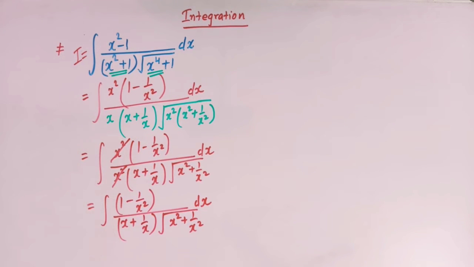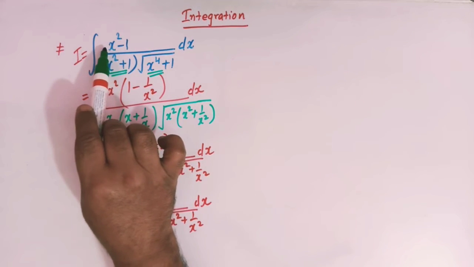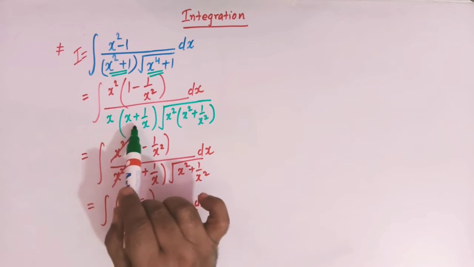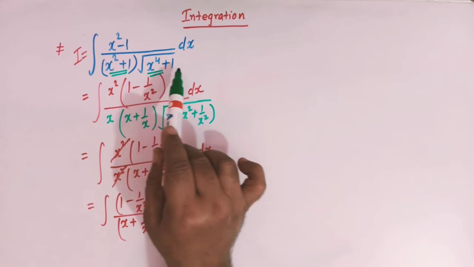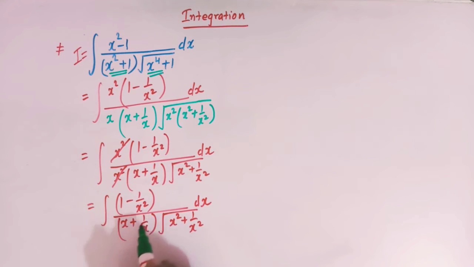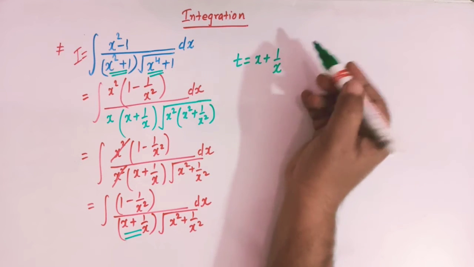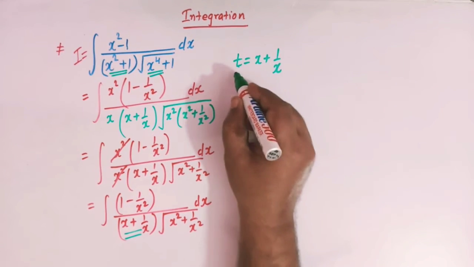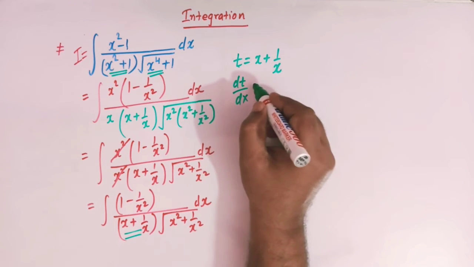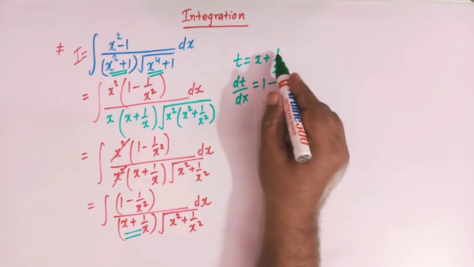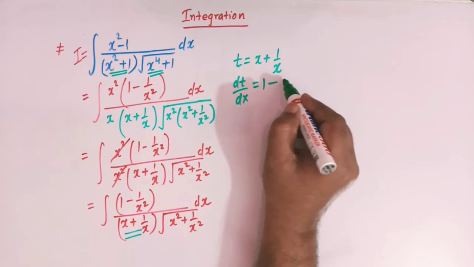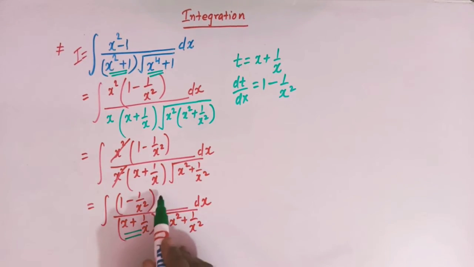So why have we taken x common or x square common in the numerator, and x common from this term and x square common from this term? Because if we now take this term as say t equal to x plus 1 over x, then the derivative of t is dt over dx, and the derivative of x is 1, and the derivative of 1 over x is minus 1 over x square, which is present in the numerator, right?